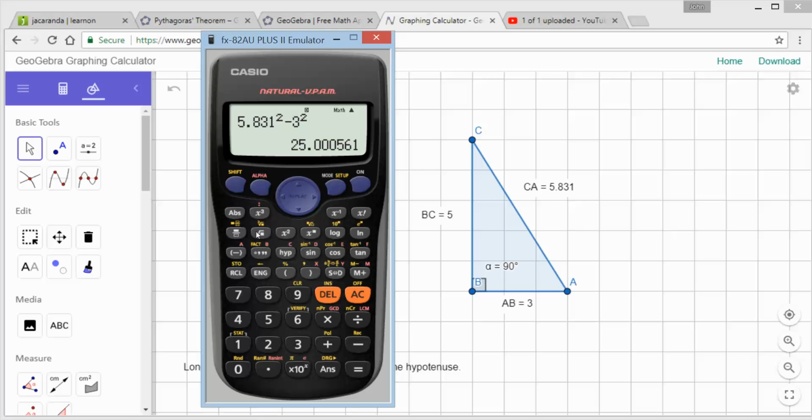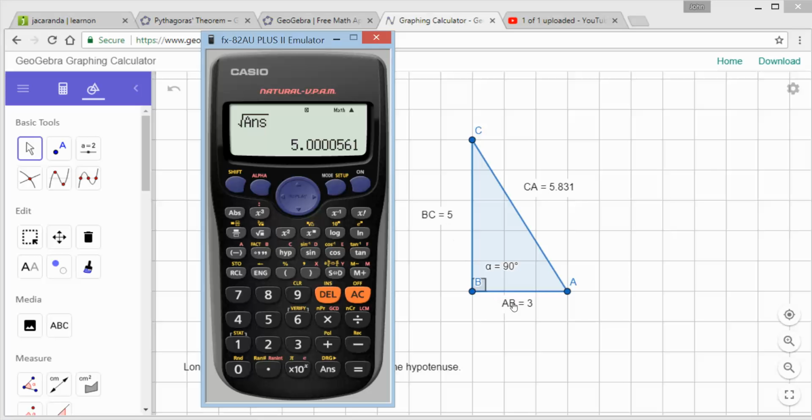And if you take the square root of that, so I hit the square root key and just hit the answer key because that stores the previous answer, we get 5.000, which is exactly what we expect to get, 5.